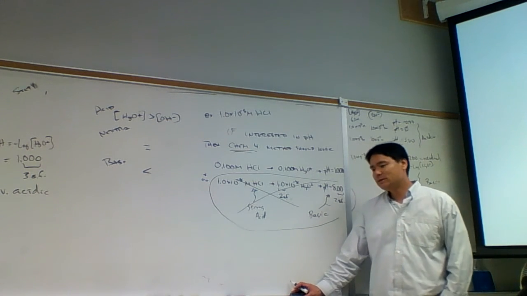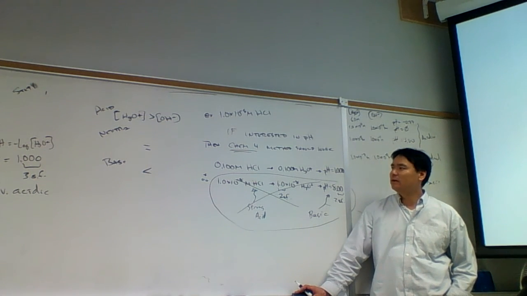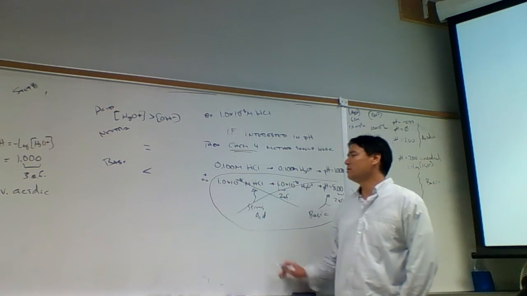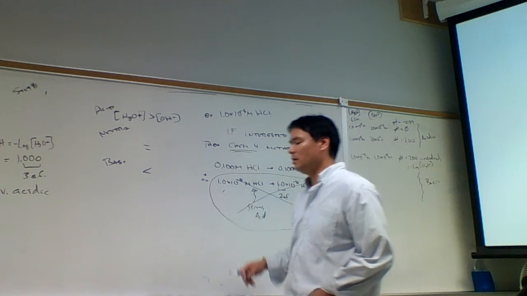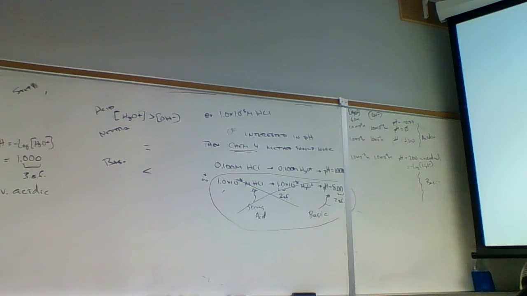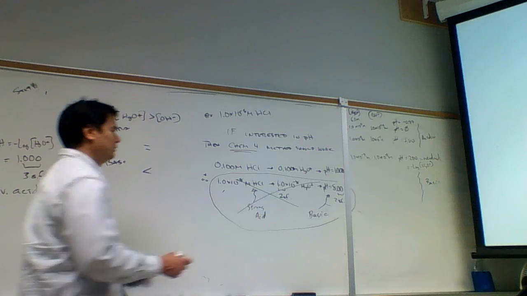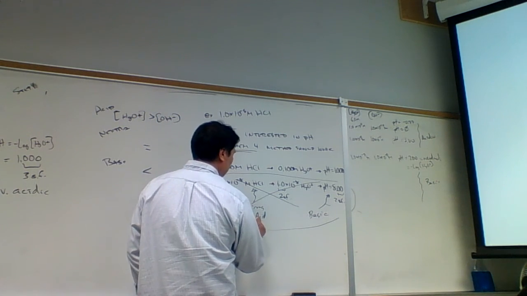And so this is why I did so much work. 0.100 molar HCl is a pretty simple calculation, but it was a lot of work. Well, the same thing with this. So continue this one, just doing it the way we did it, or you did it, for the HCl. This is wrong.